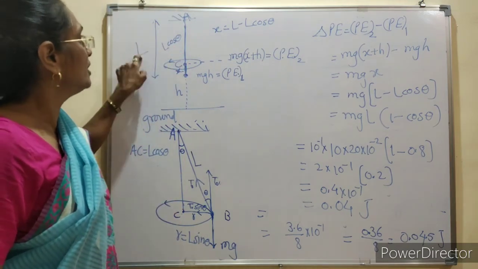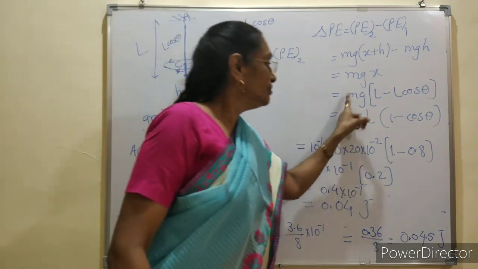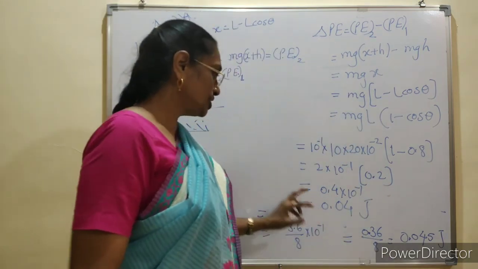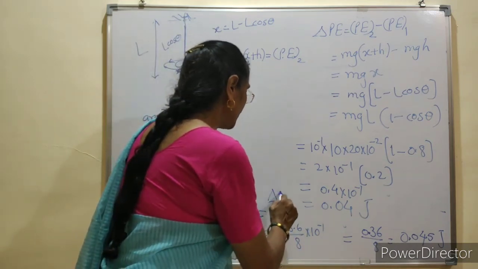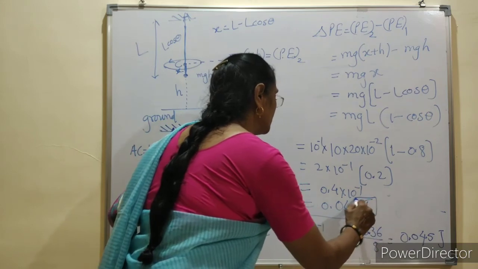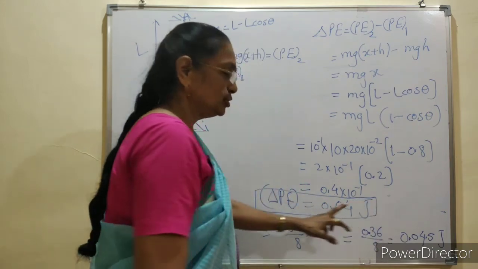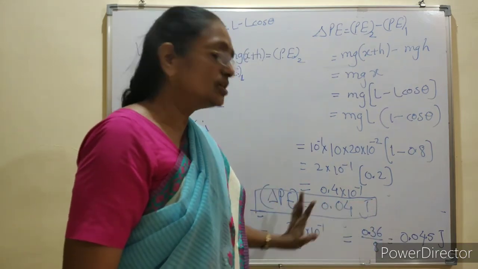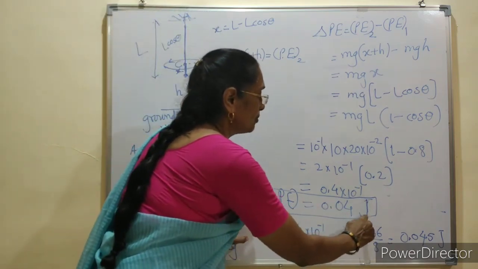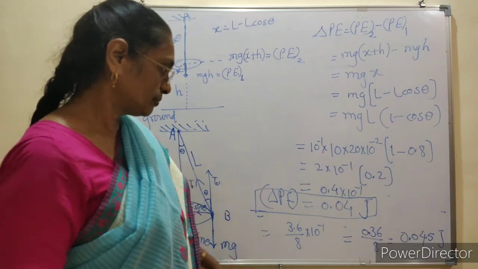Therefore, x becomes L minus L cos theta. Simple substitution gives us the change in potential energy, delta PE, equal to 0.04 joule. This is the second step, or second question, in the problem.